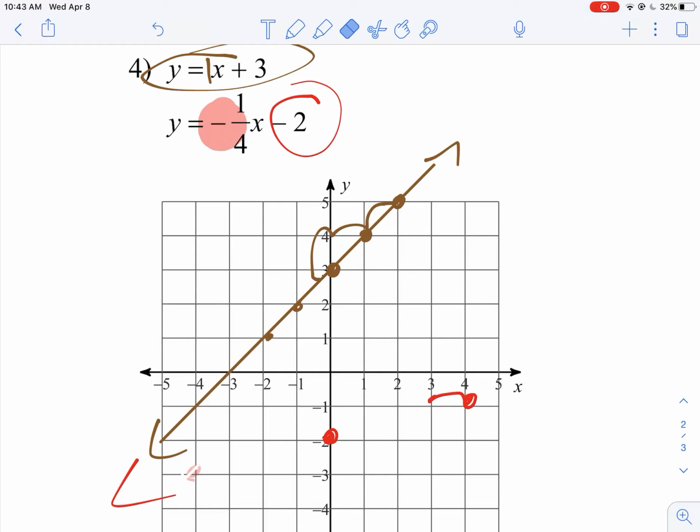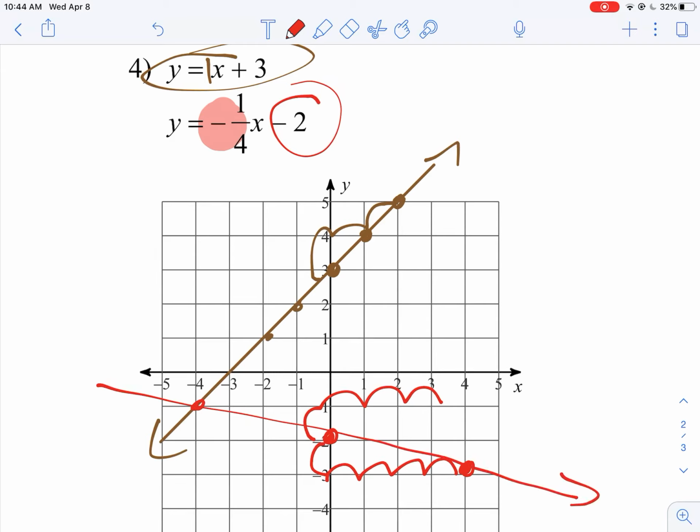So here's what I'm going to do. I'm going to fix this. So my y-intercept isn't going to change. I'm going to think, how can I use these numbers to go in the opposite direction? Before I went up 1 and over 4. Maybe if I go down 1 now, and then over 4. 1, 2, 3, 4. And I'll go the other direction here too. And watch what happens.